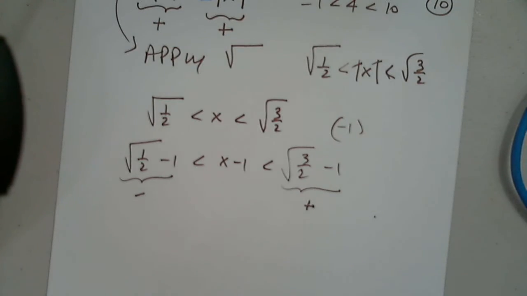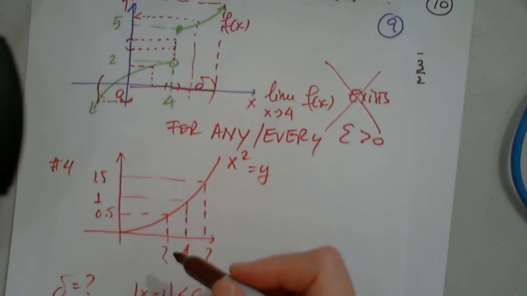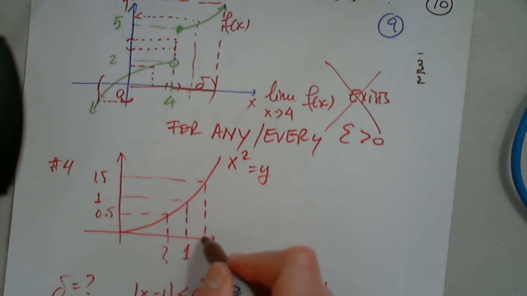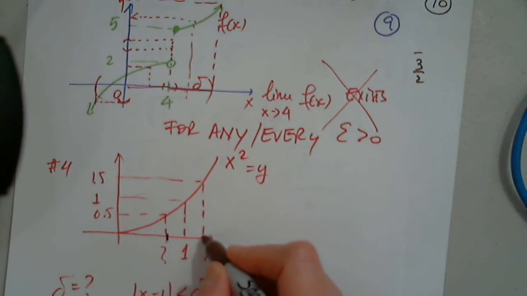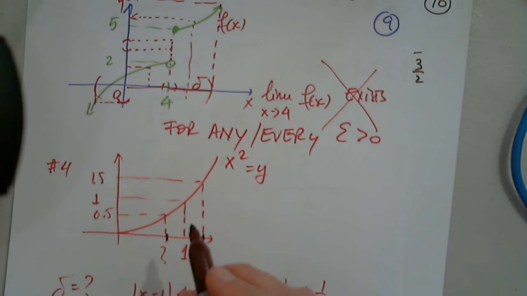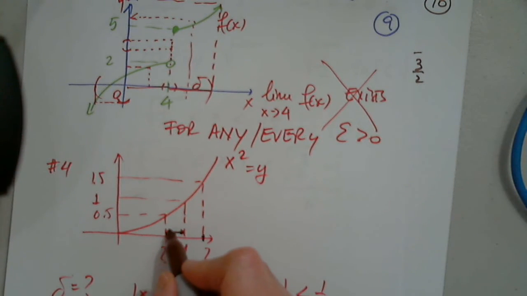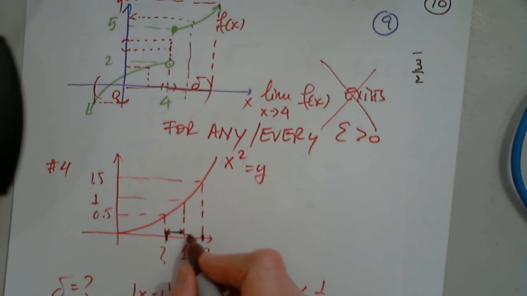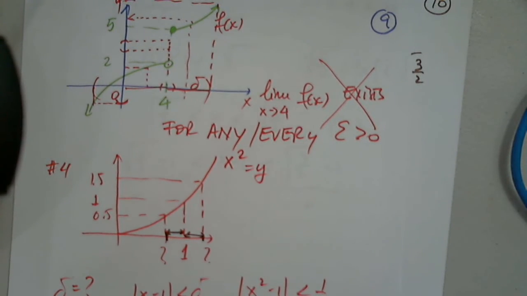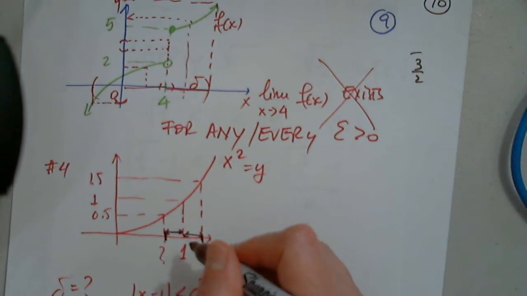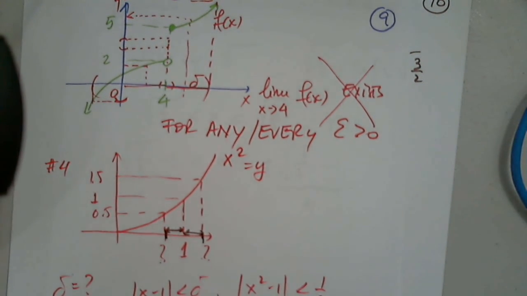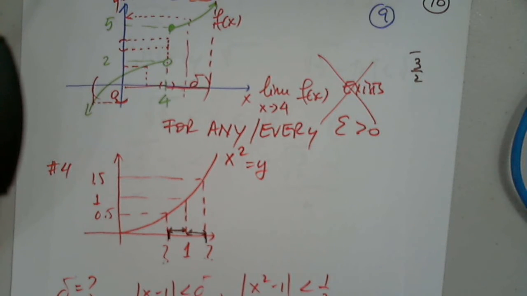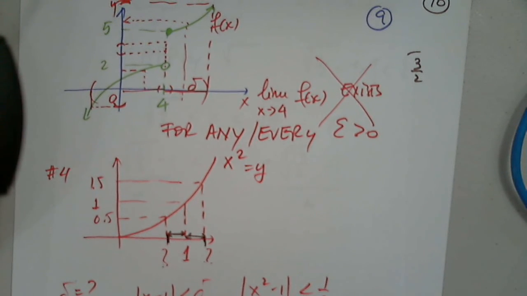So that will give us the interval here. Then we will choose the smallest of these two distances. If this is smaller, that will be our delta. If this is smaller, that will be our delta. And then obviously we don't need these two, but we just need to identify delta. That's all they want us to find.